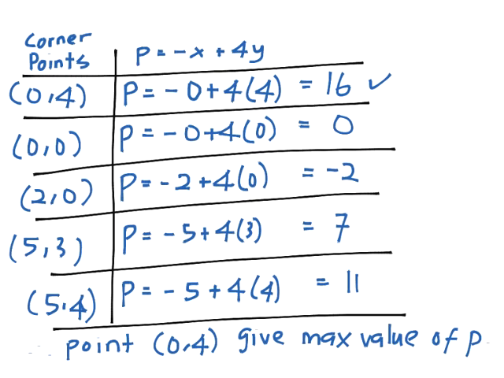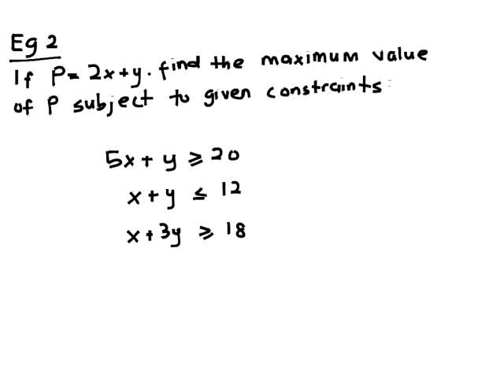That is our answer for our linear programming. Alright, that is basically how you do linear programming using the graphical method. Now let us go to the second example so that you can understand better how to do linear programming using the graphical method.